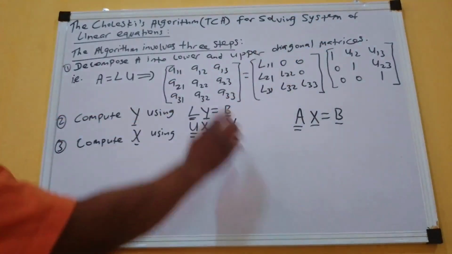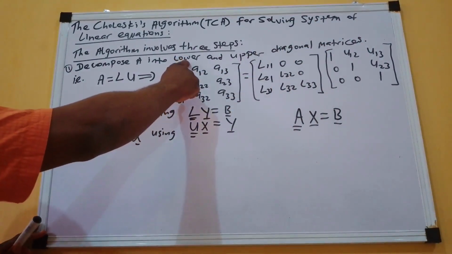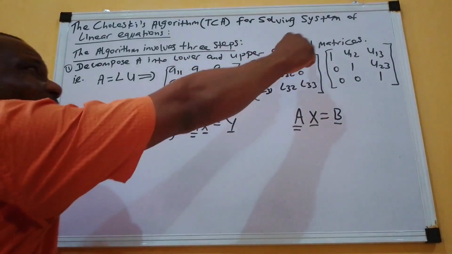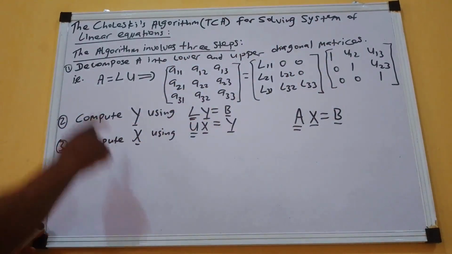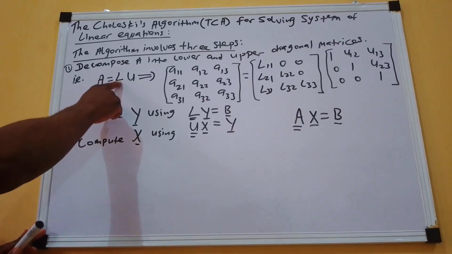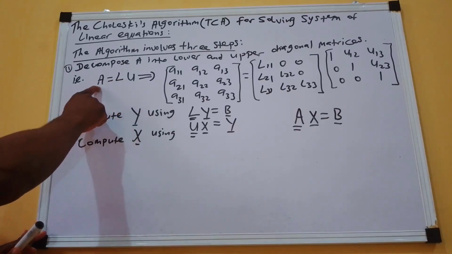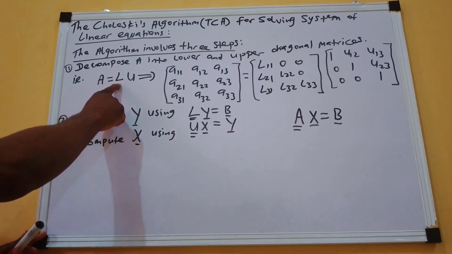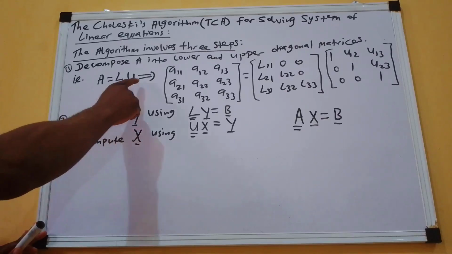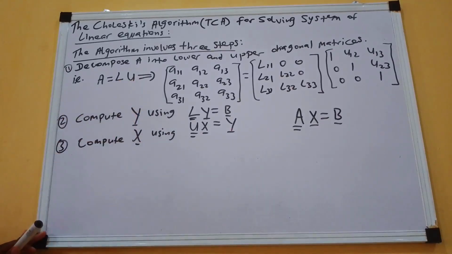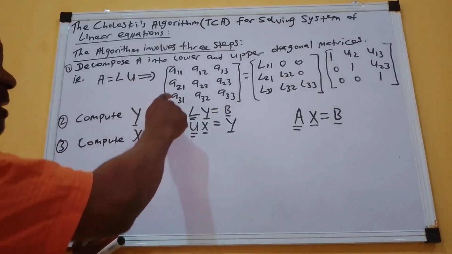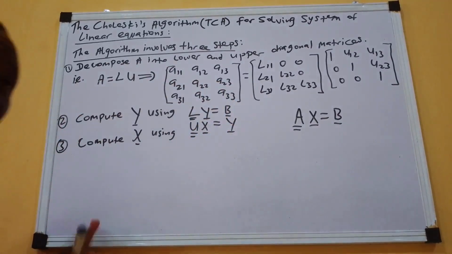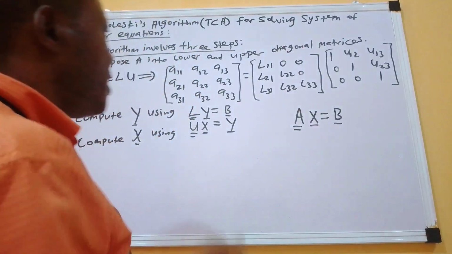You will form a lower triangular matrix and an upper diagonal matrix. This is what it means. A is the matrix from the system. This is L, the lower triangular matrix, while U is an upper diagonal matrix. Now these are, of course, for a 3x3 system we are going to be considering today.